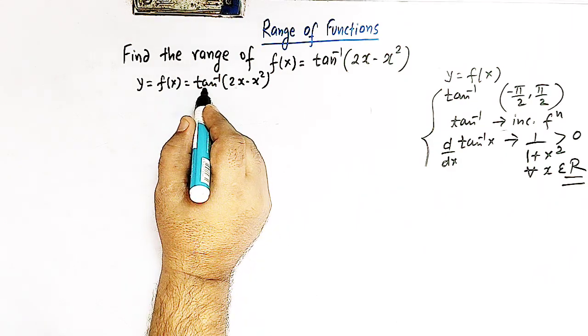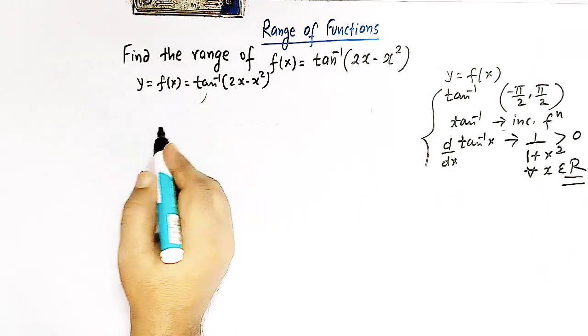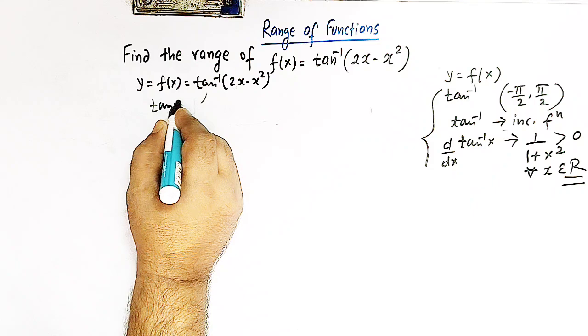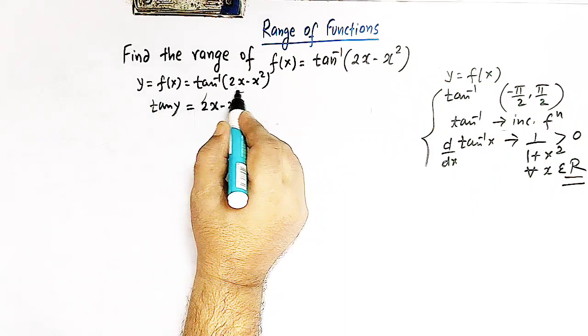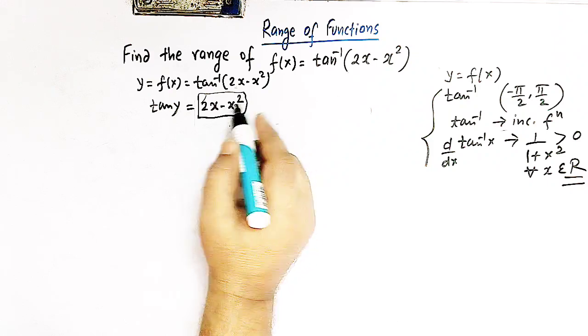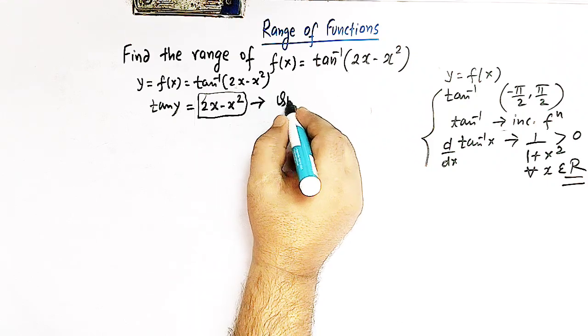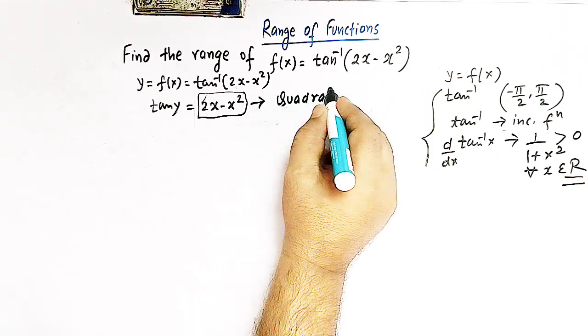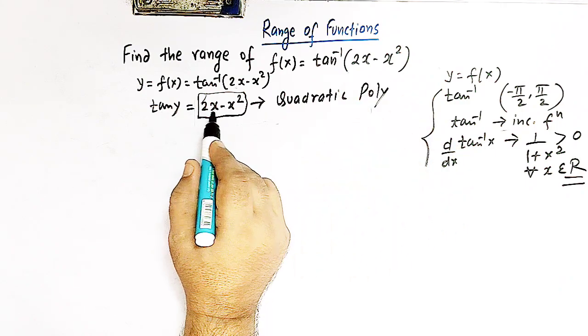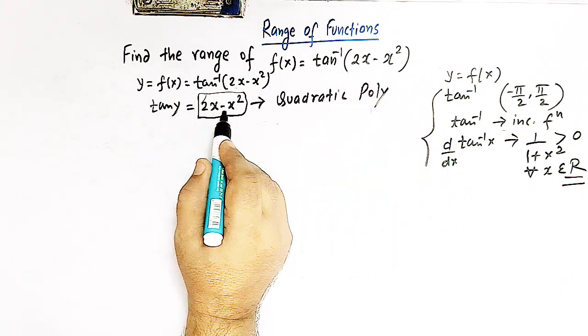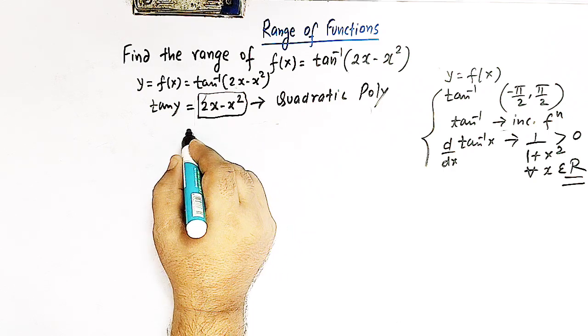So now let us take this tan inverse to this side. We can have tan y is equal to 2x minus x square. Now see, this 2x minus x square is a quadratic polynomial, right? And here what we will do, we'll try to convert this quadratic polynomial into a perfect square.